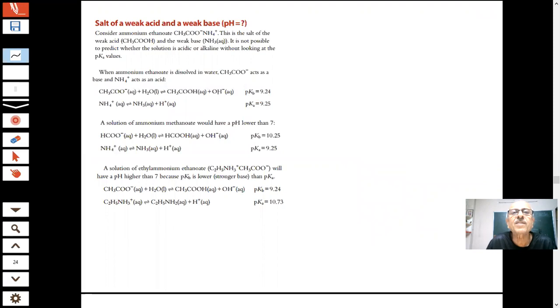Now we have a case where salt of a weak acid and a weak base. Look, fourth and last case of hydrolysis. You have salt of a weak acid and a weak base. Can you give me an example of a weak acid? You are saying this is a weak acid?